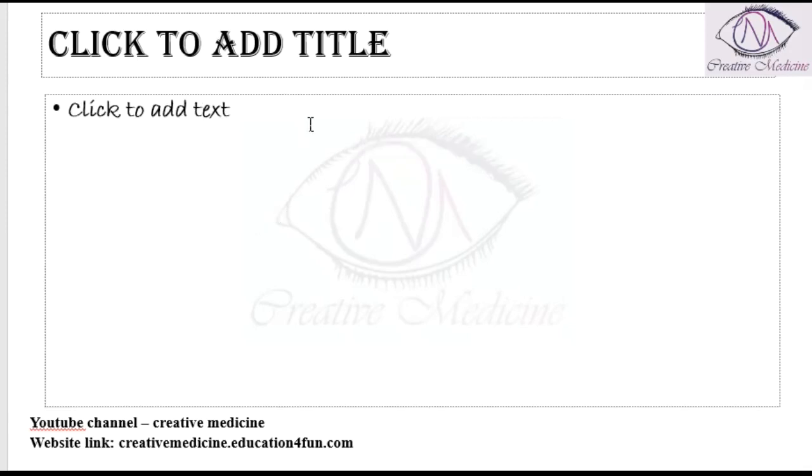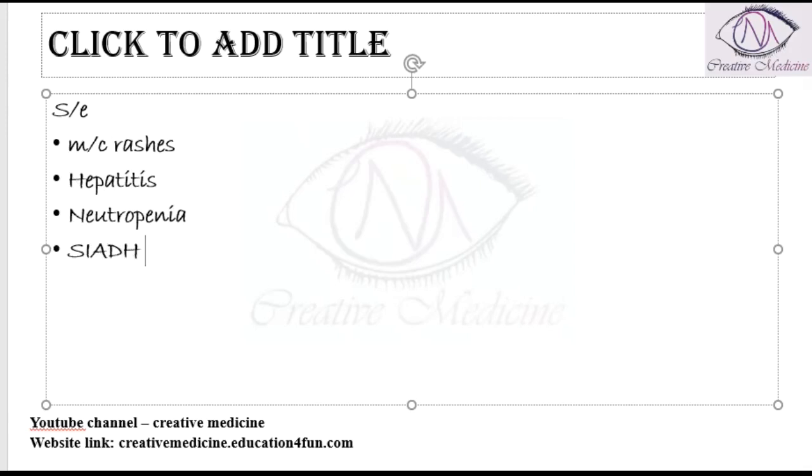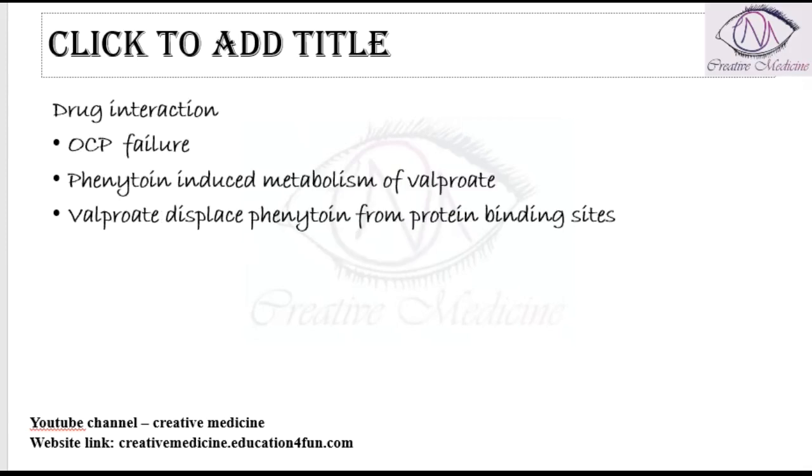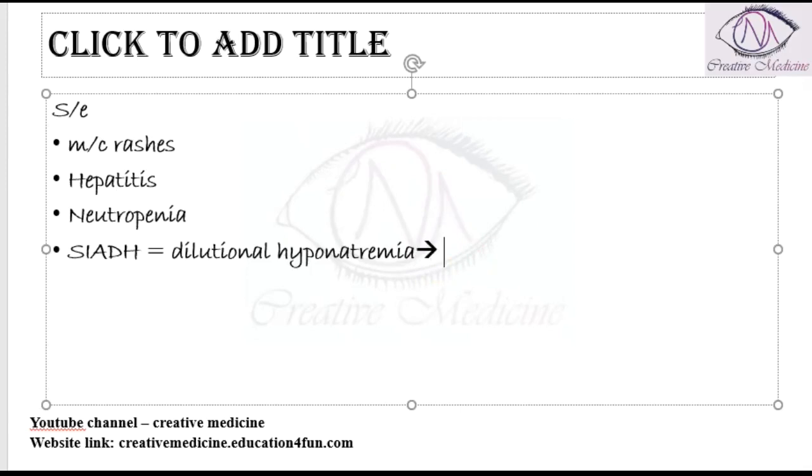Then the side effects of carbamazepine. The most common side effect of carbamazepine is rashes. It can cause hepatitis. Neutropenia is reported with carbamazepine. Syndrome of inappropriate antidiuretic hormone, where you can see dilutional hyponatremia, is also seen with carbamazepine.